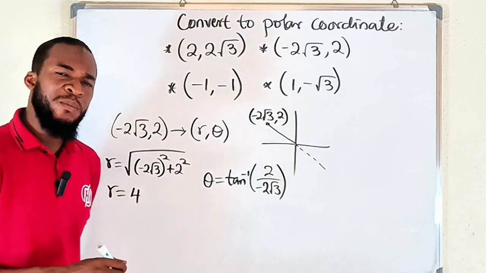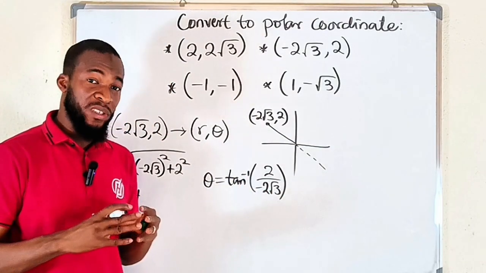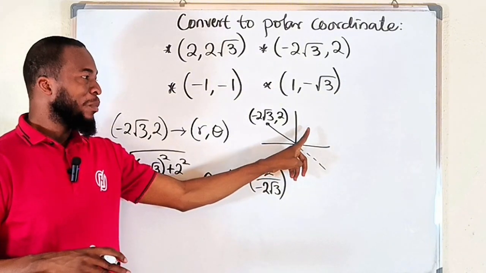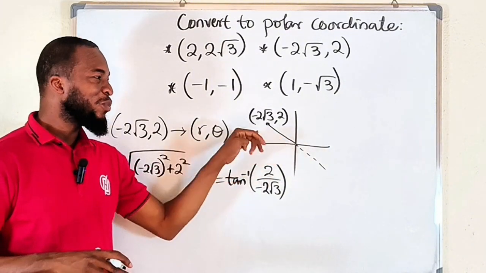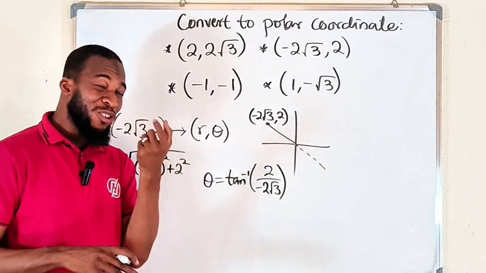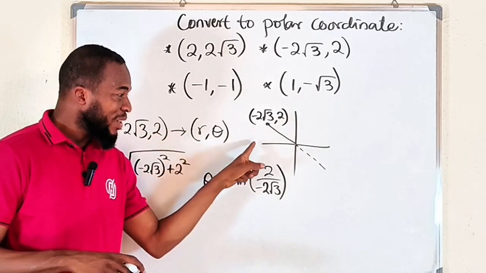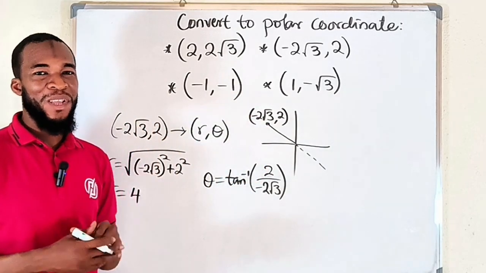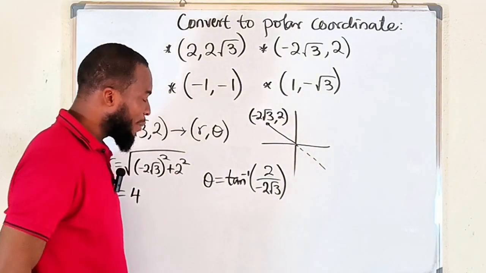We are going to assume that all of these are positive. Therefore, it is going to return an angle here. But since we know that it should be in the second quadrant, we are going to take that value and subtract it from 180 or pi. It will surely give us this particular angle. And that's just the logic we are going to apply.